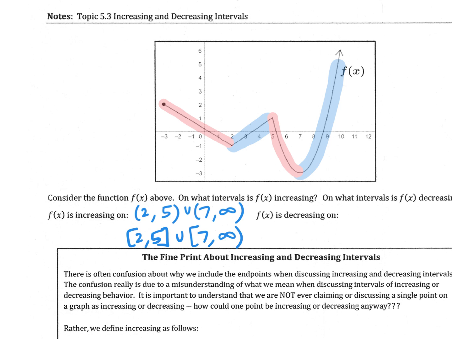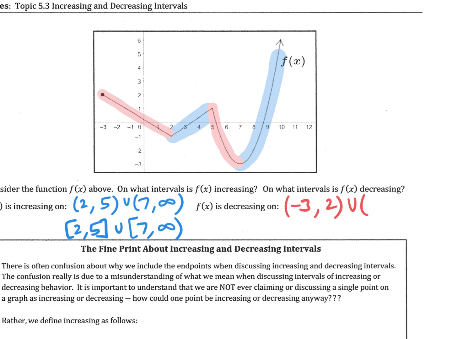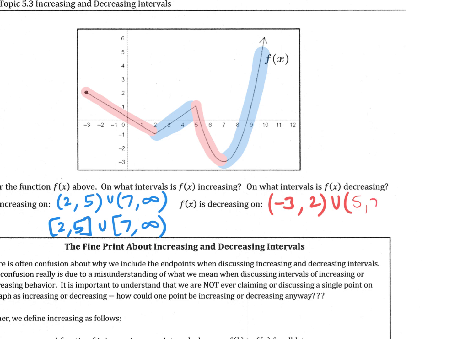So for decreasing, again, you can write it with parentheses or brackets. Where am I starting on the very far left? -3, and it has a point there, so it stops at -3, going all the way to 2, and I'm including 5 to 7. You could also put brackets if you'd rather: -3 to 2, and brackets 5 to 7.